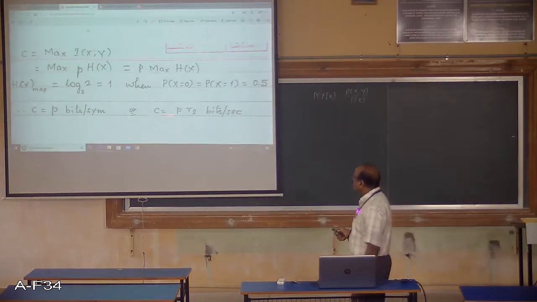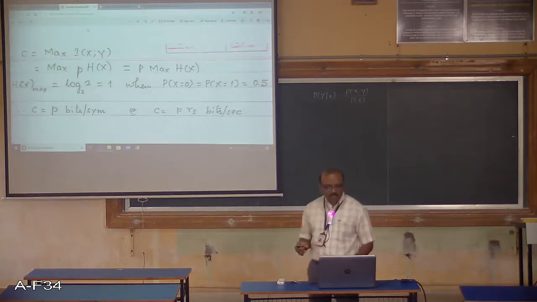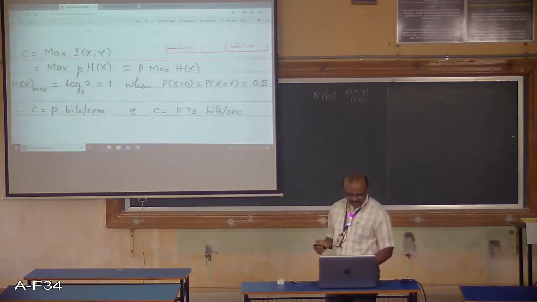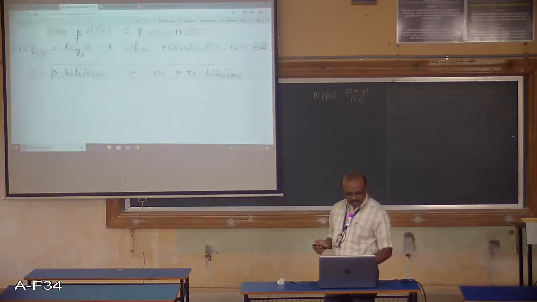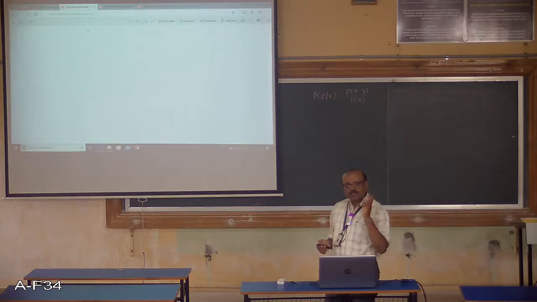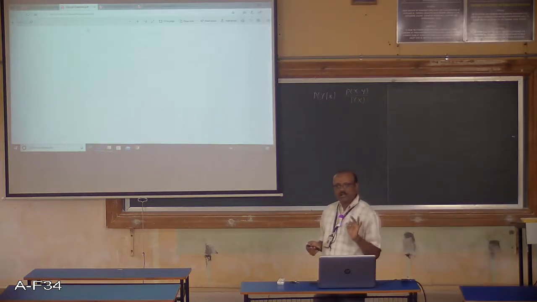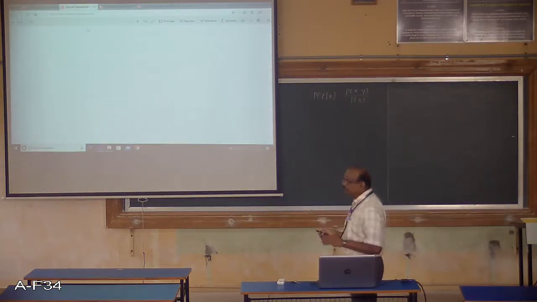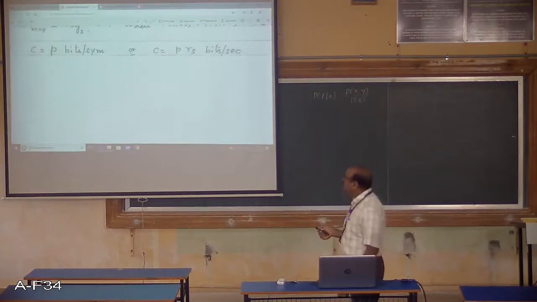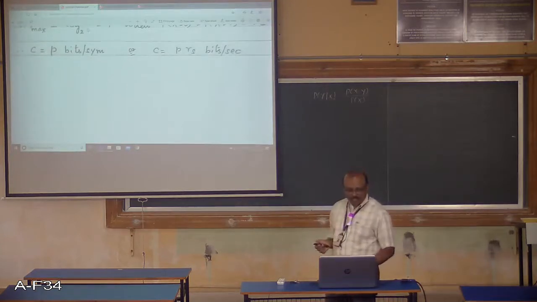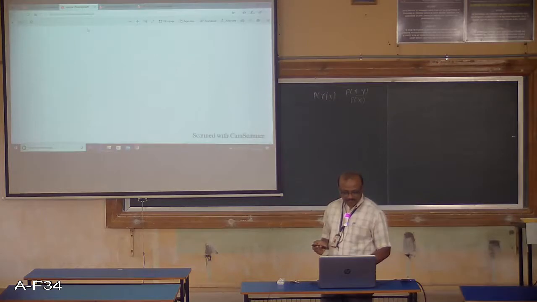So P into the symbol rate is the channel capacity of the binary erasure channel. These are straightforward equations. Given a channel, we should identify whether it is a binary symmetric channel or a binary erasure channel, and directly use these relations to calculate the channel capacity.